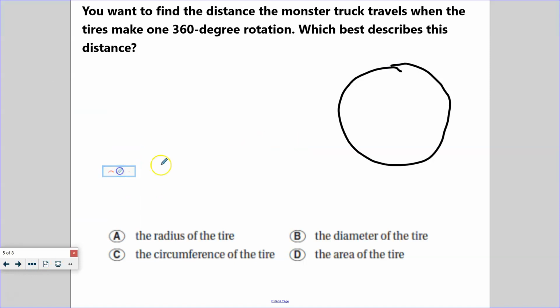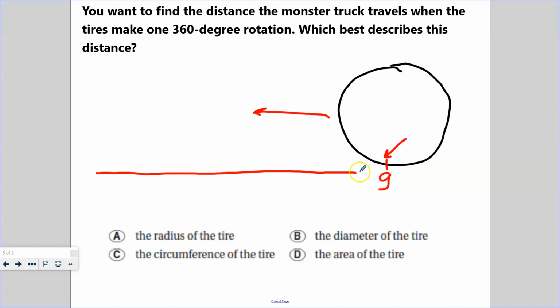Draw a picture, right? So right here, the tire is on the ground, and if it moves in this direction, it's like saying if we snipped it right there and made it a flat line, how far would it travel? So if it's rolling, how far would it go until this exact point is touched for a second time?